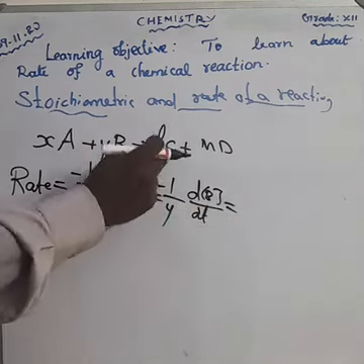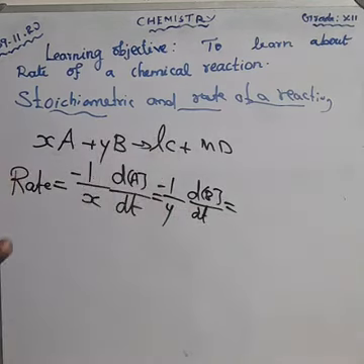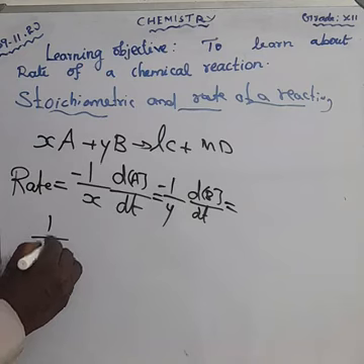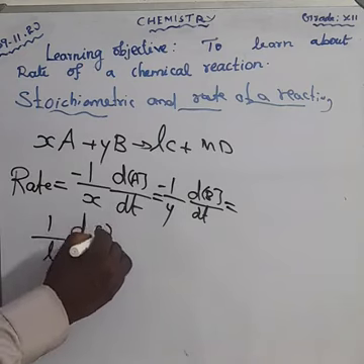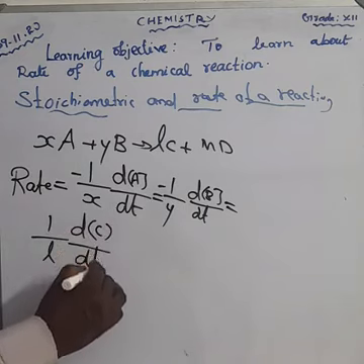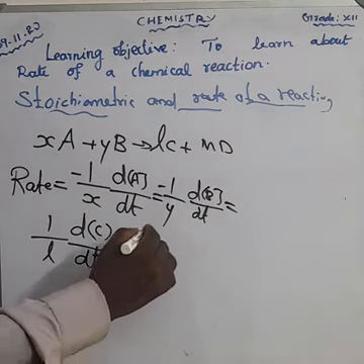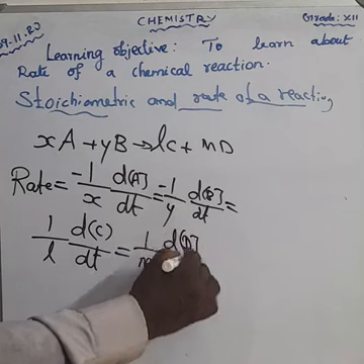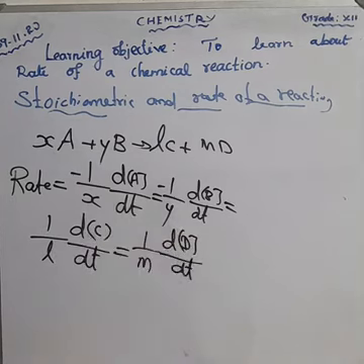That is equal to the product. I told you, for the product we do not use the minus. How do you write the product? 1 divided by l dC divided by dt is equal to 1 divided by m dD divided by dt. This is about the rate of the reaction.